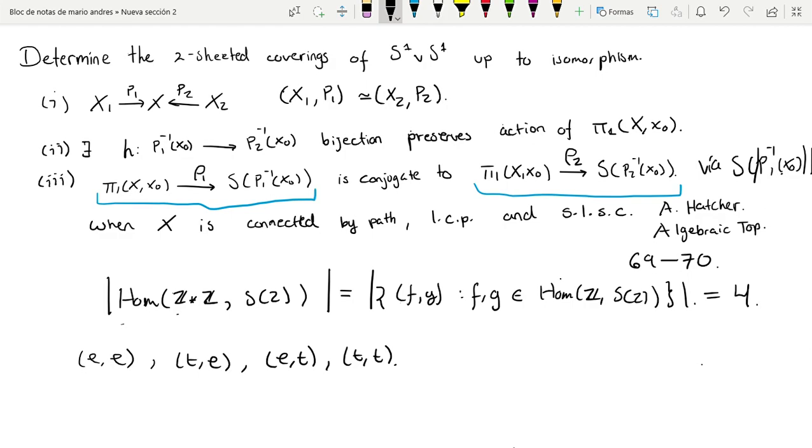Now we only have to calculate the conjugacy classes via elements of S2 of each one of these morphisms. So let's, for instance, calculate the conjugacy class of this one. Firstly, we note that S2 has only two elements, the E and the transposition T. If we conjugate by the E, we get the same.